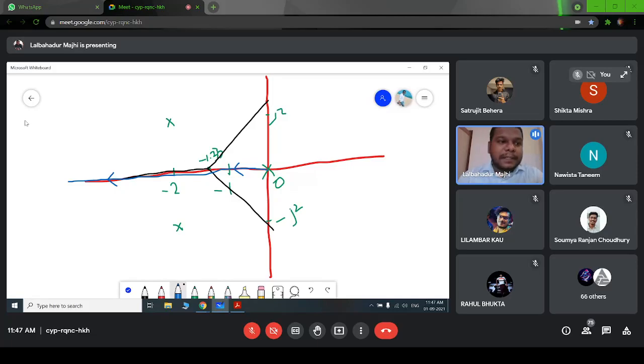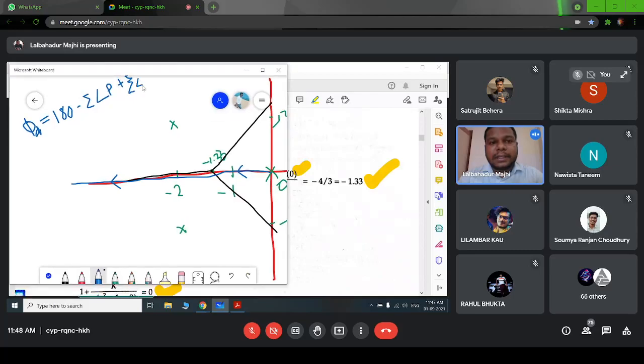The angle of departure, phi d, is equal to 180 minus the summation of the angle contributions by the poles. There is no zero, but if there is a zero, it will be plus the summation of angle contributions by zeros. Okay.